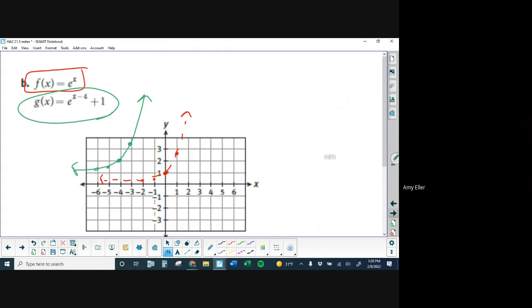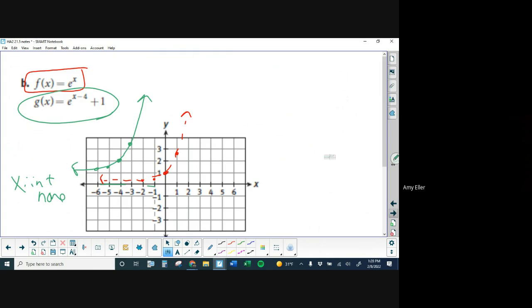When is the graph going to touch y equals 0, right? When? It will never. There you go. It will never. So if they ask you the x-intercept of this graph, none. It's not going to touch it.